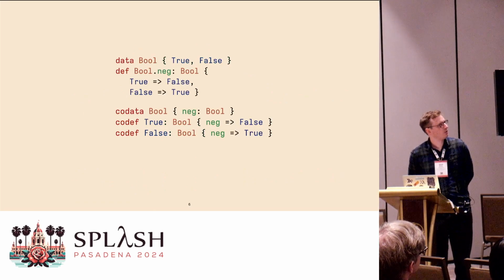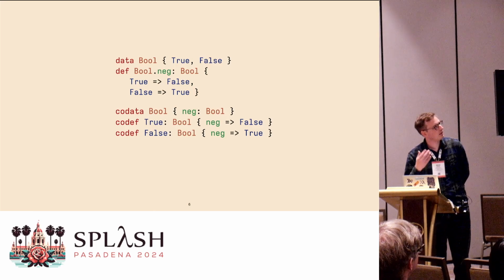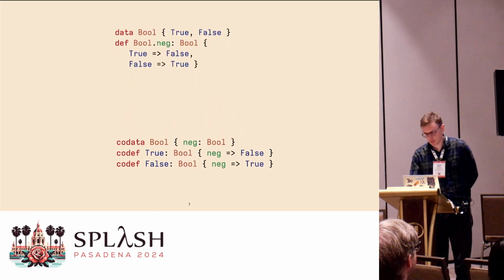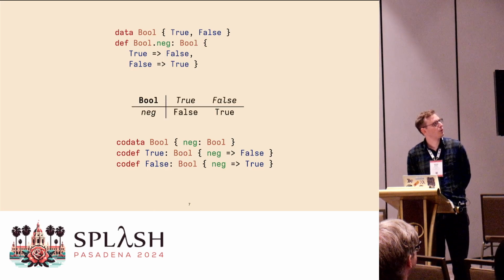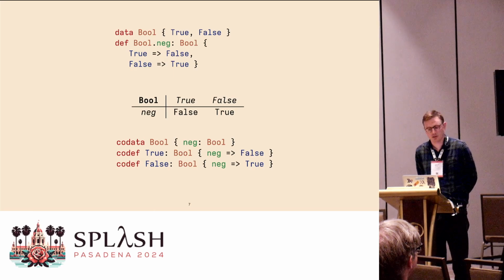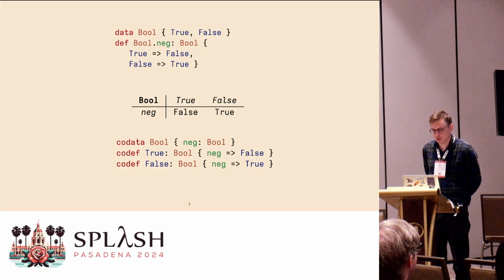So these are the two representations that we have seen, and they can be related by an automatic transformation, because behind those two representations is a third one, which represents the program as a matrix. So Booleans have two ways to construct them, true and false, and an observation which observes them.